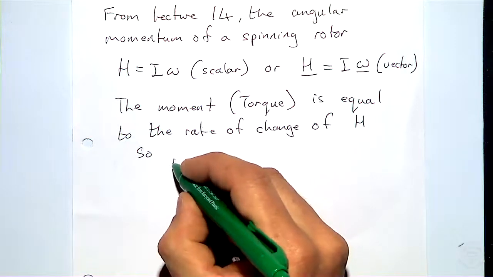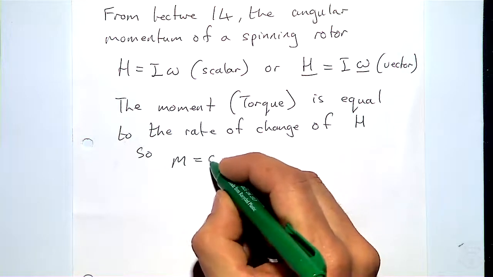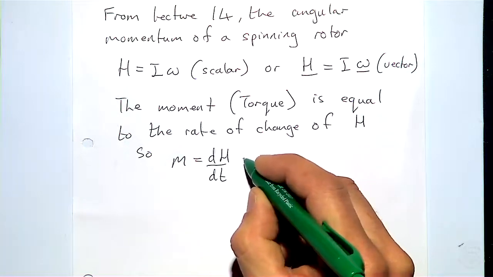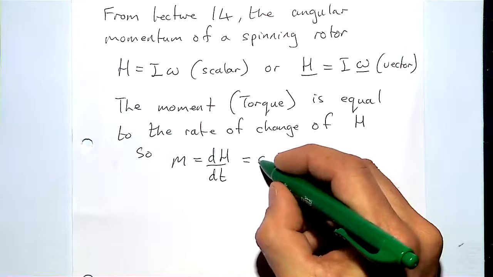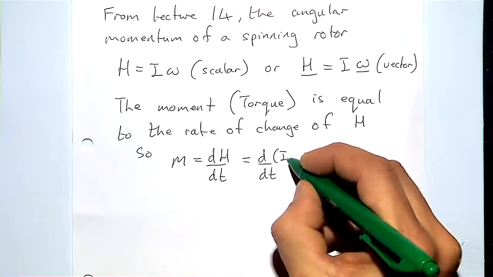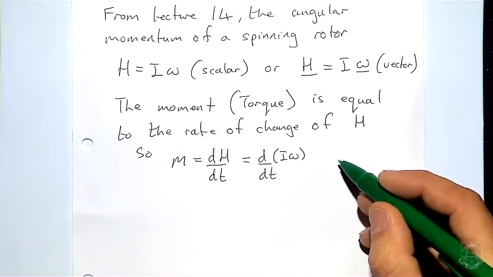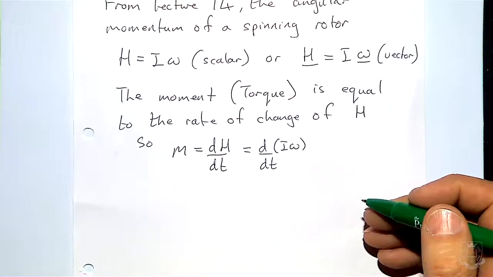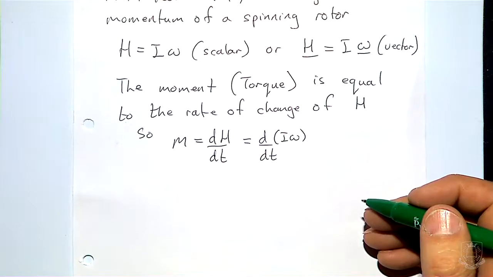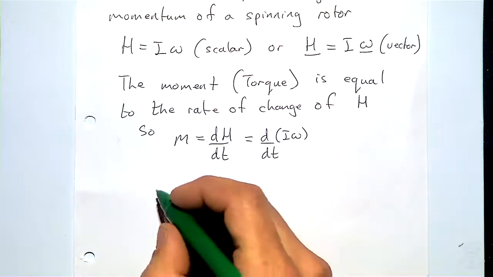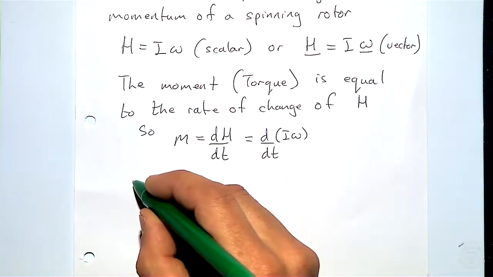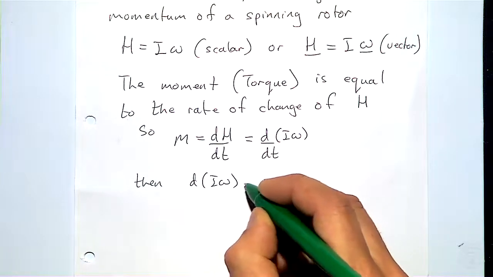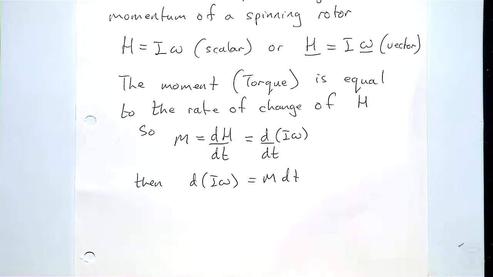We had the relationship that the moment is equal to dh by dt. And because h is also I omega, this is also d by dt of I omega. Here I'm just using scalar variables to keep the notation simple. We can rearrange that, so we have d(I omega) equals M times dt.